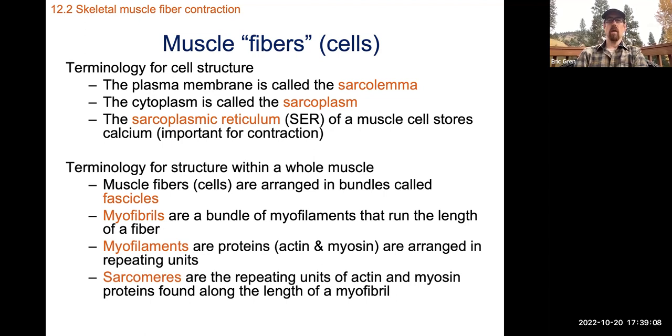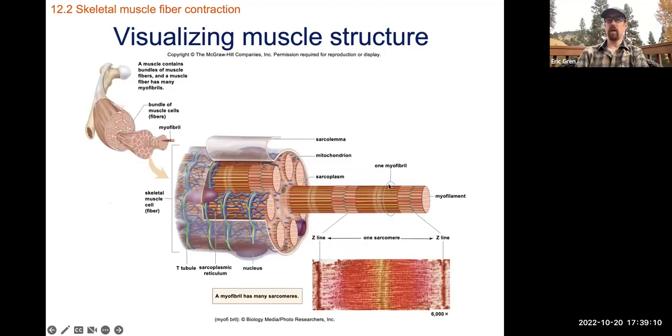We looked at the visual illustration here of those different structures in the skeletal muscle cell. Remember, here is that sarcomere. The beginning and end of a sarcomere is marked by this zigzag line. We call that a Z line, named for that zigzag shape. You can think of that Z line as like a suture.